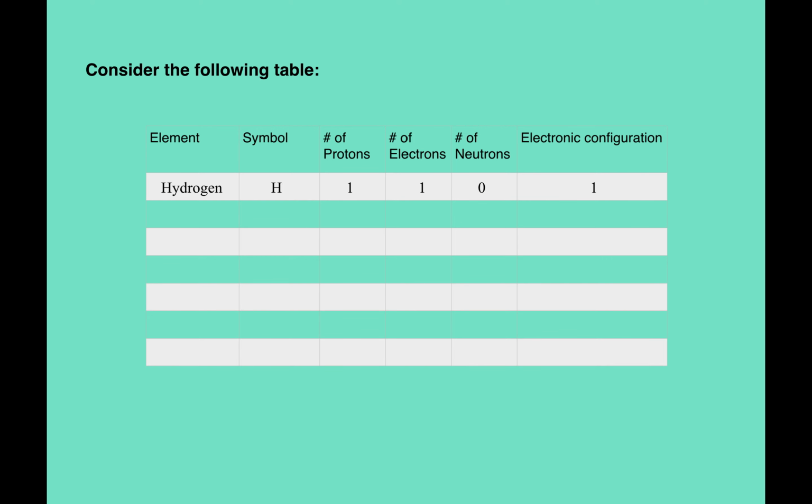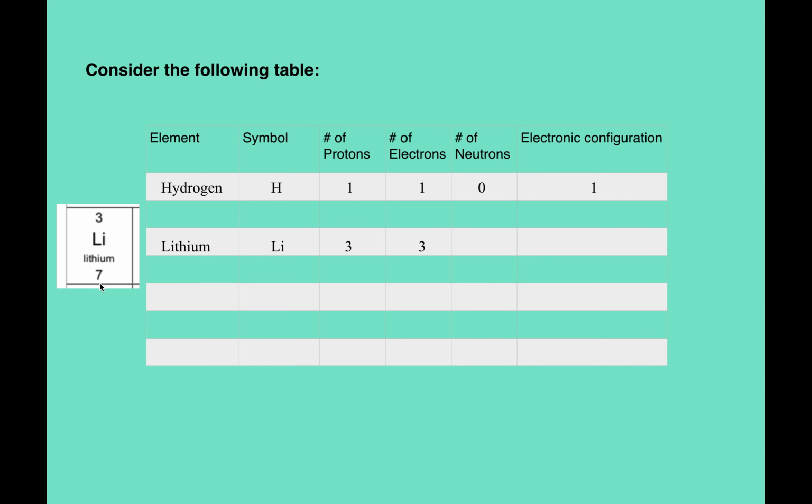It's just 1. If I take something like lithium, now this is where we're going to look at the symbol from your periodic table. If I look at lithium, lithium has got a proton number of 3, so it's got 3 protons. It must have 3 electrons if it's an atom, because atoms have the same number of electrons as protons.